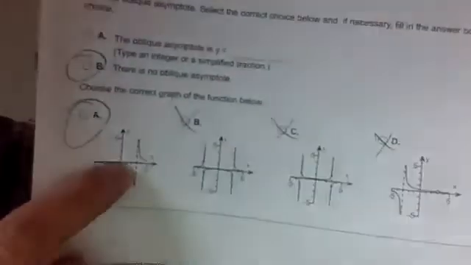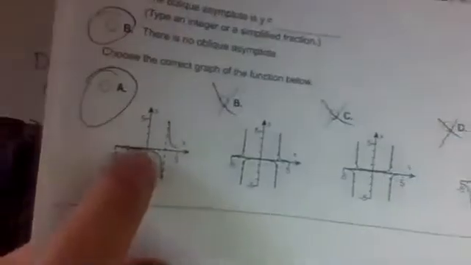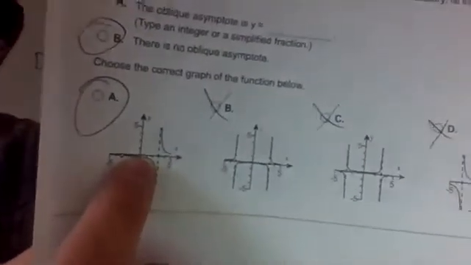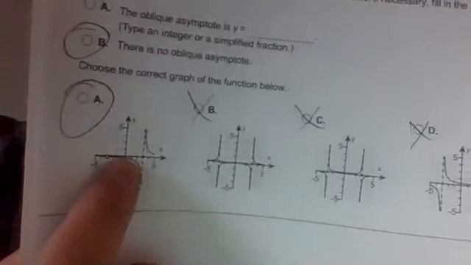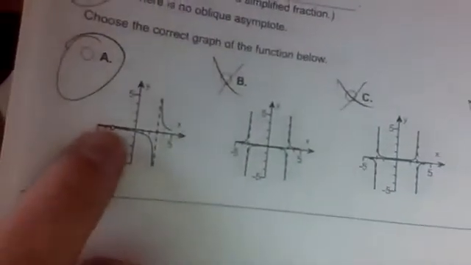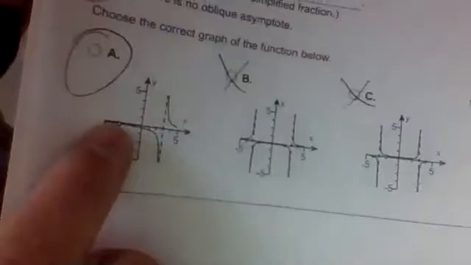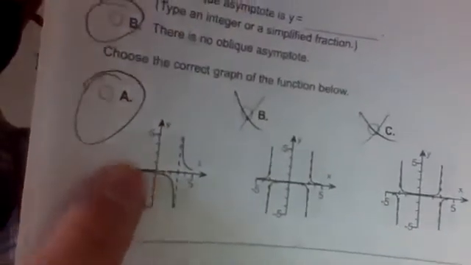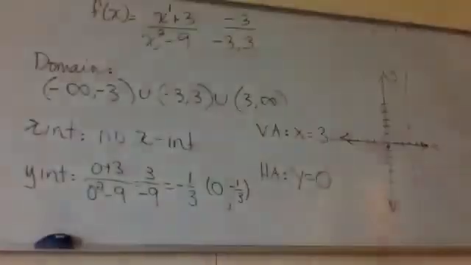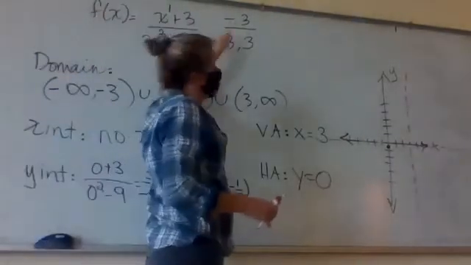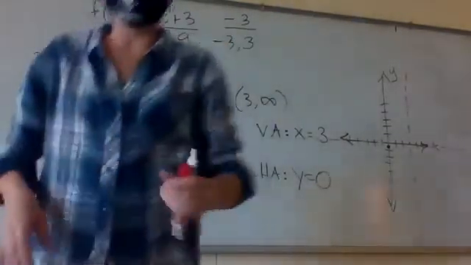It needed to cross the y-axis a little bit down, right? So it crosses it at negative 1/3. And it doesn't cross the x-axis, because look at your x-axis: when it almost gets to the x-axis, it puts in a little hole. That means it doesn't touch the x-axis. That's what happens at these points right there. They create a hole there.